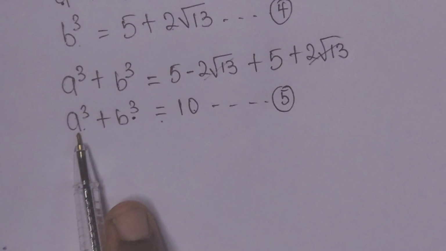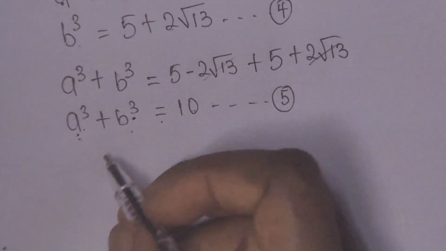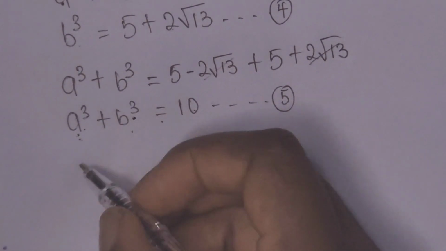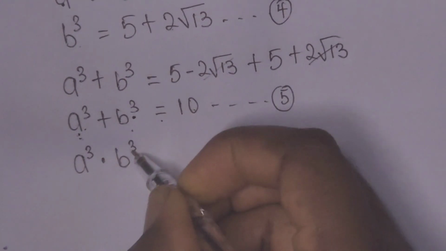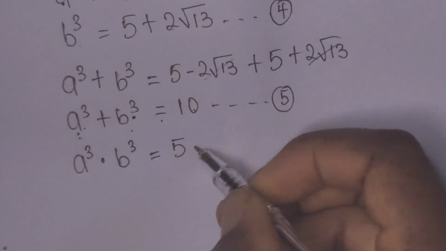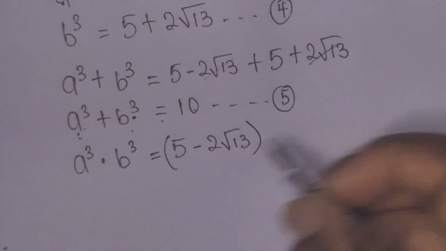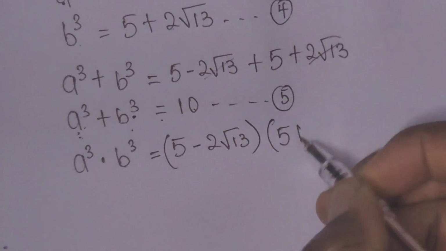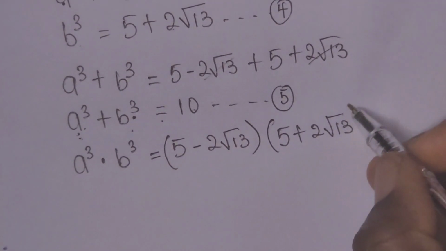Since we've gotten a cube plus b cube, we'll go ahead to get a cube times b cube, which will be equal to 5 minus 2 root 13 times 5 plus 2 root 13.